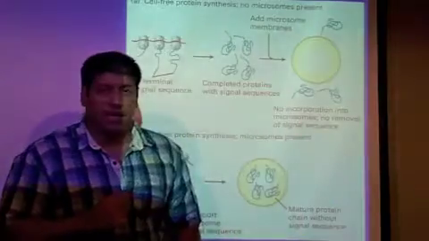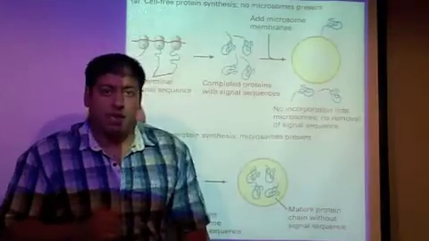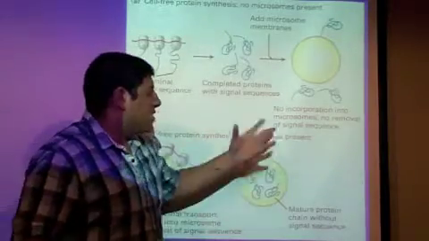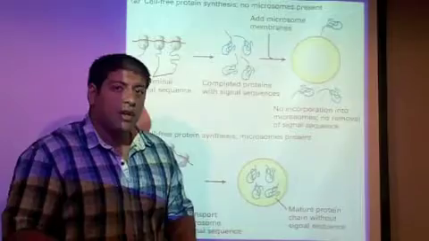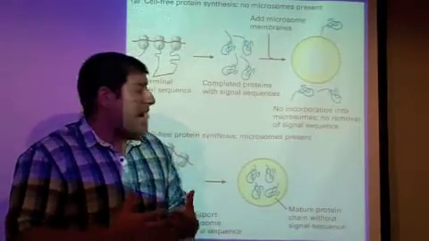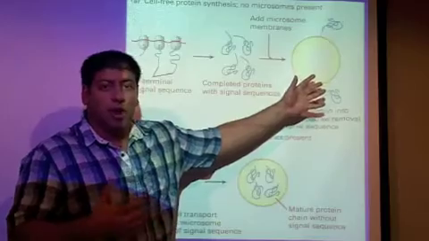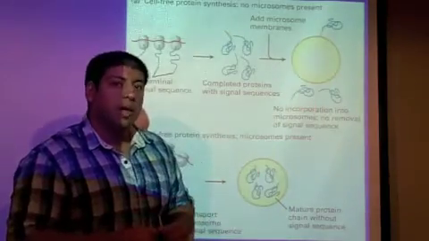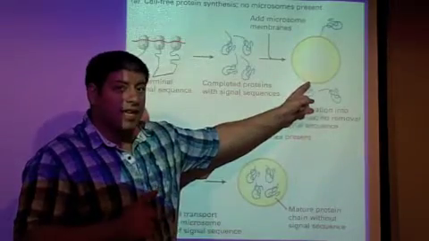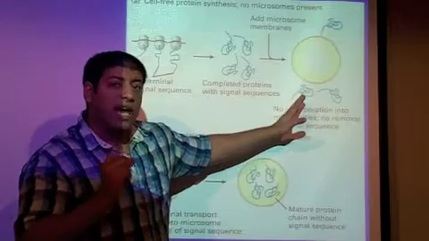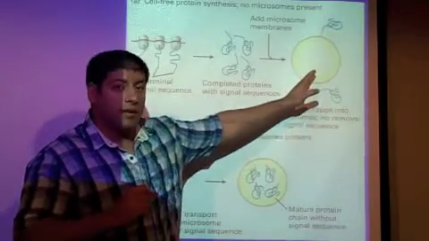They might have the ticket, but they still can't get in. So the ribosome in this case is going to act as the parent or guardian. You have to have your parent or guardian present at the time you enter your R-rated movie. So here, the ribosome must be present, or attached, in this case, to the ER in order for the protein, which has the signal sequence, to get in.